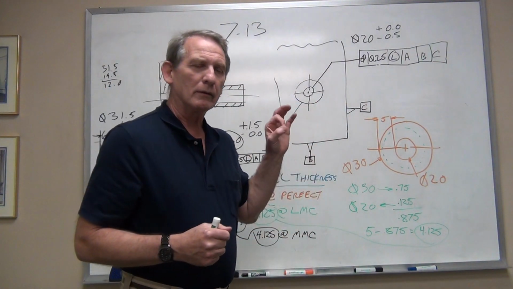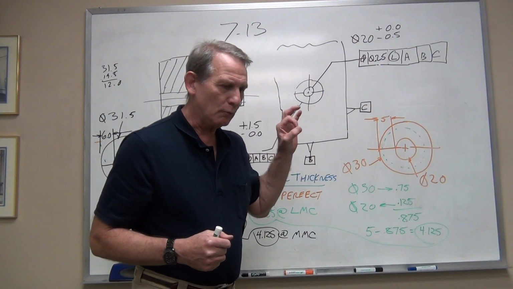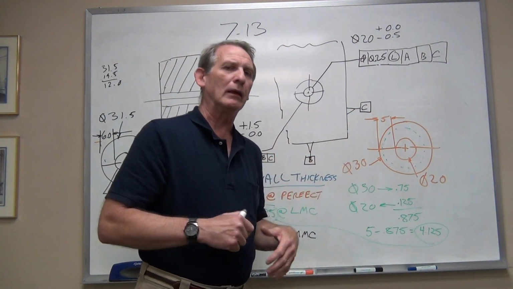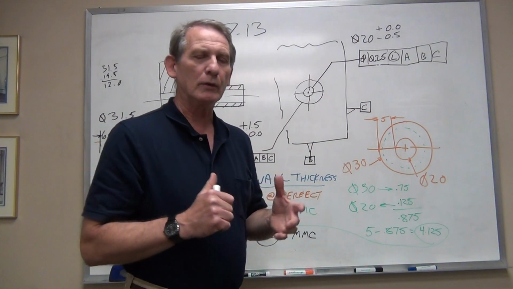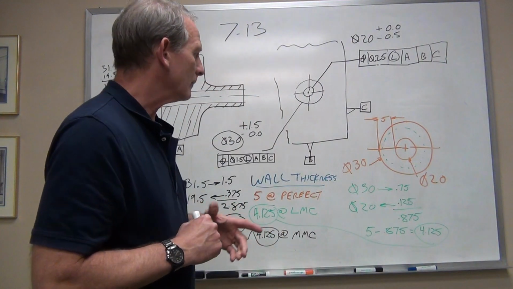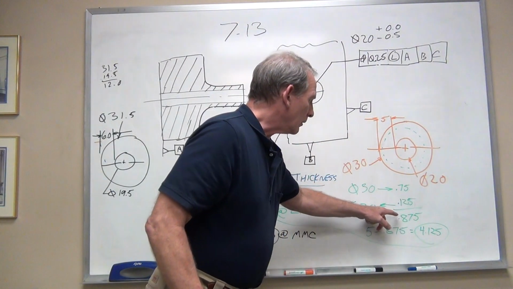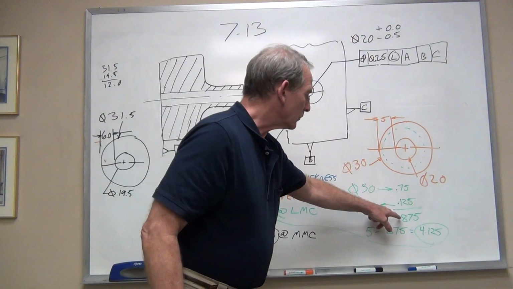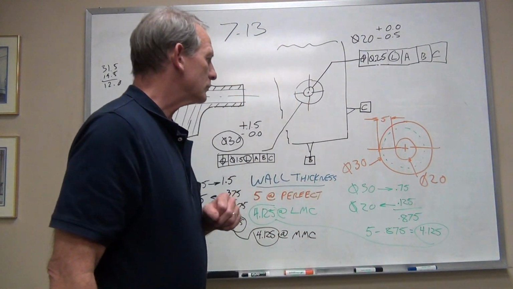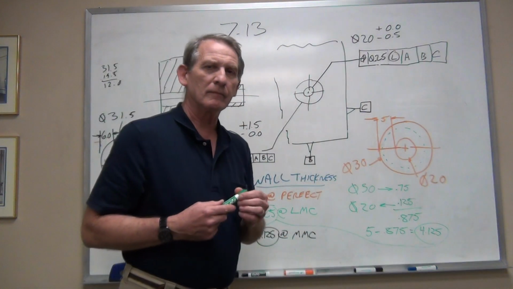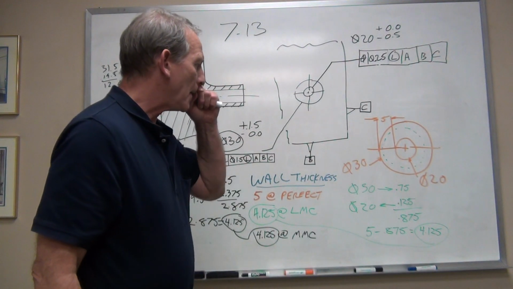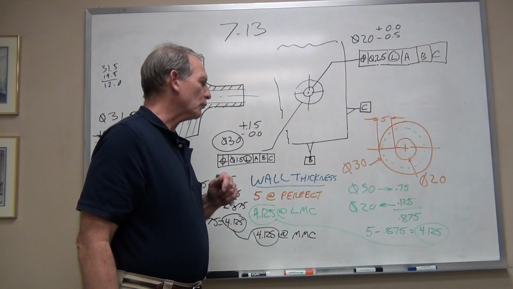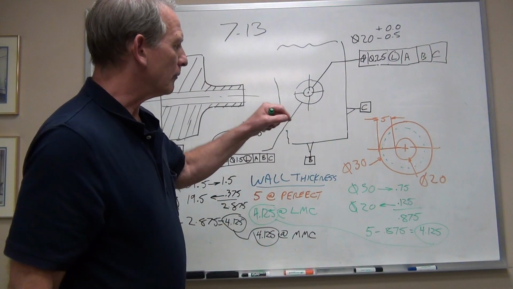One goes one way, one goes the other. That's the worst case for wall thickness. So we will lose 7/8 of a millimeter, 0.875, radially from our tolerance zone.